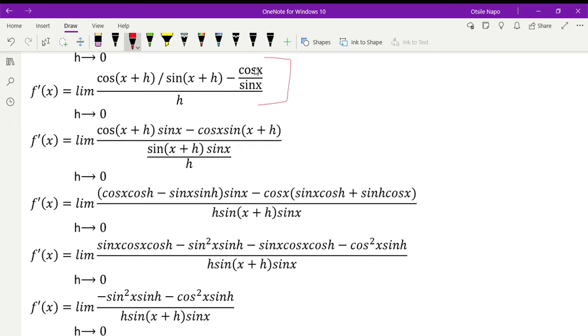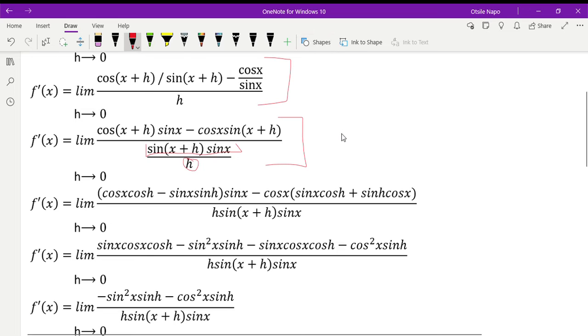We therefore get cos x plus h multiplied by sine x minus cos x multiplied by sine x plus h, which is divided by our common denominator here, sine x plus h multiplied by sine x, which is divided by our h. So our h is from our original formula.